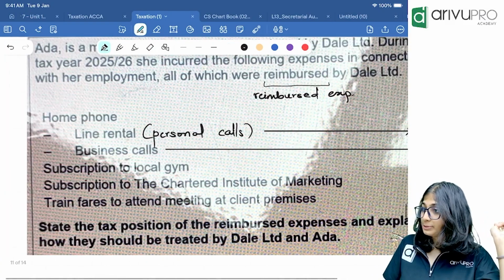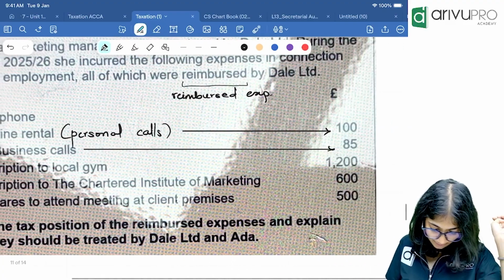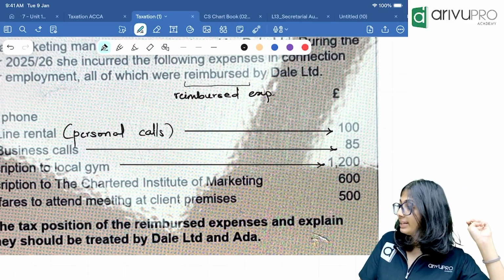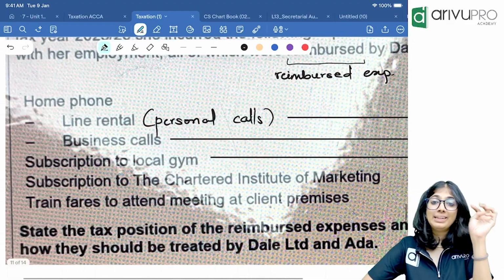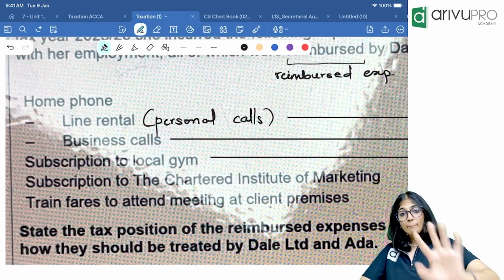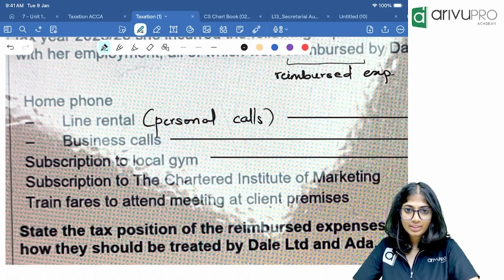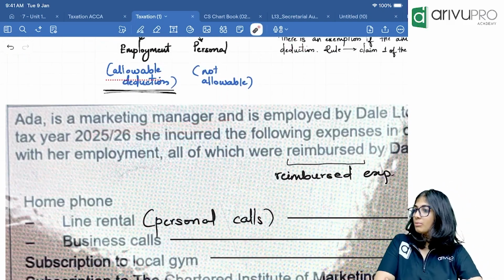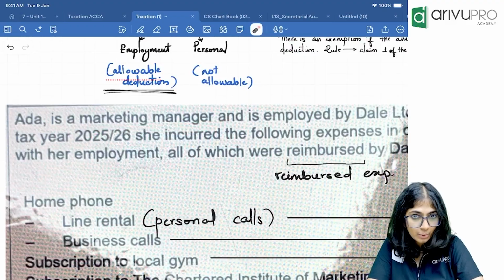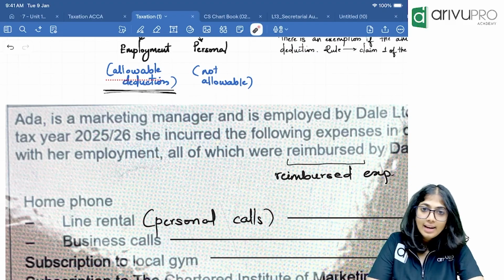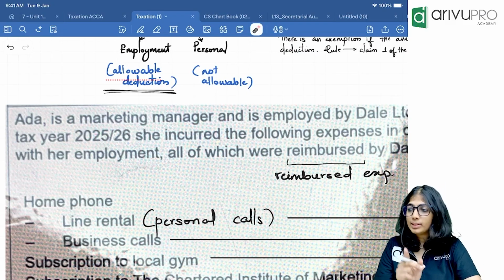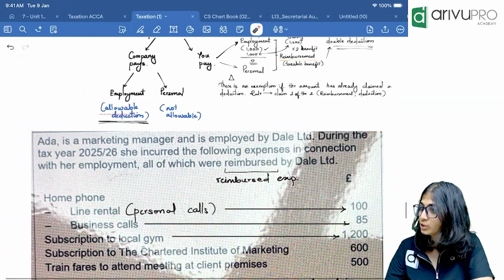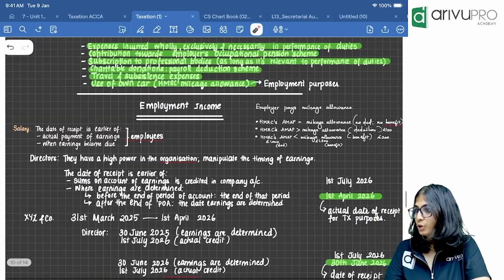Subscription to local gym. Your company is reimbursing you for the local gym, but is it related to your employment? No. You are a marketing manager. What does gym membership have to do with anything? It's not related to your employment. It's not wholly, exclusively, necessarily used for the purpose of carrying out your duties.